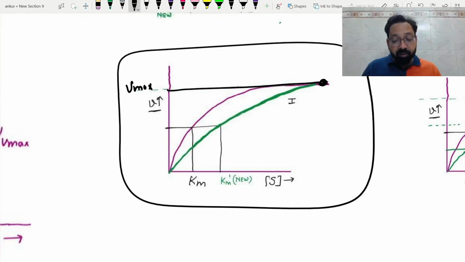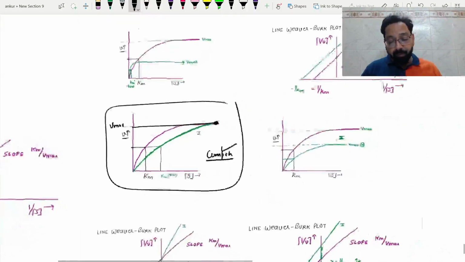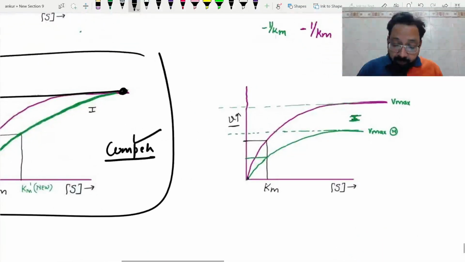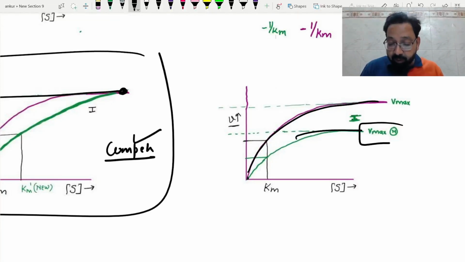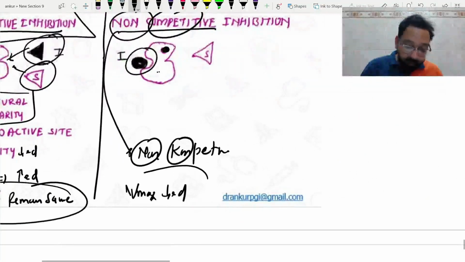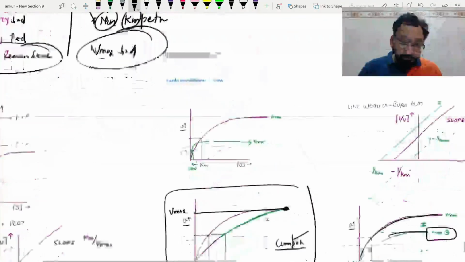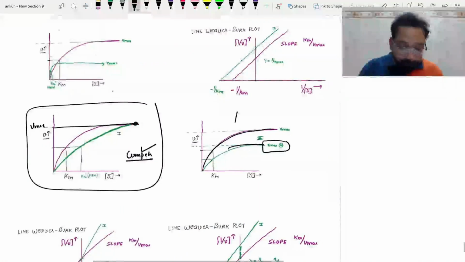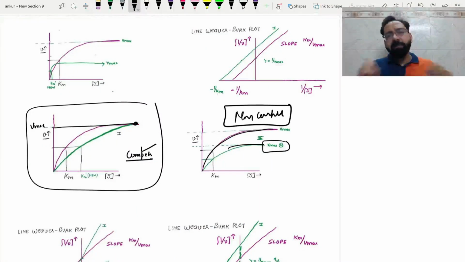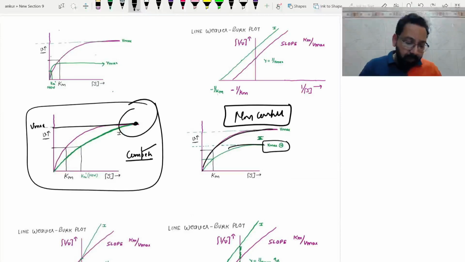If V maximum is same, this is competitive or non-competitive? Competitive inhibition. If graph is there and V maximum is decreased, he can't run with maximum velocity, then it is non-competitive. So simply remember: V maximum same, competitive; decreased, non-competitive.